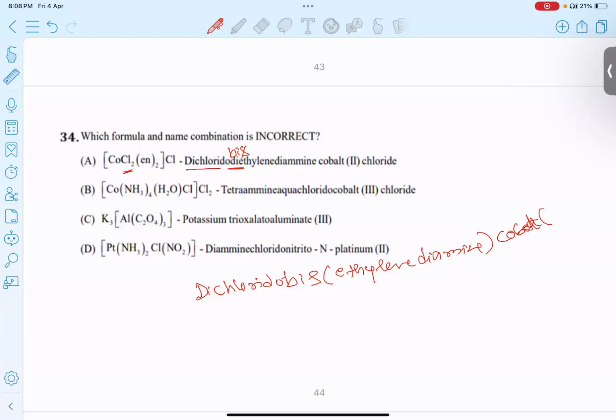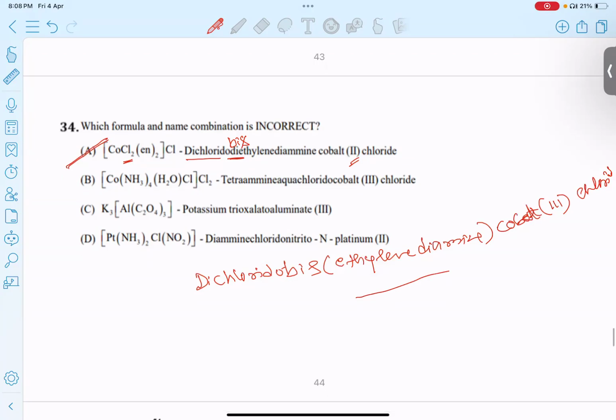The oxidation number of cobalt is also given wrong. The oxidation number of cobalt is 3. So chloride. The correct name is dichlorido bis(ethylenediamine) cobalt(III) chloride. So option A itself is incorrect. The remaining 3 options are correct names.